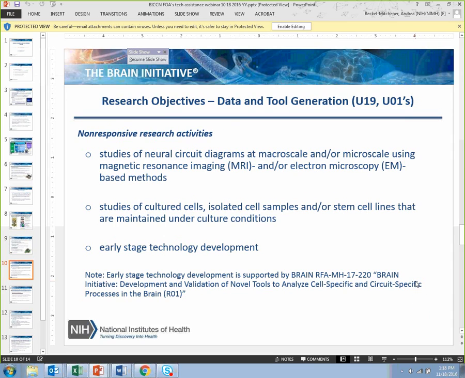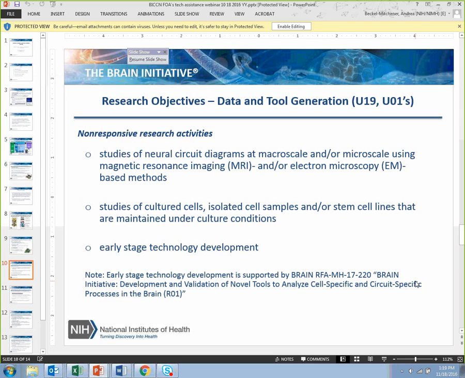The following research will not be supported by the U19 or U01 for the mouse brain. That includes studies of neural circuit diagrams at macro scale and or micro scale using magnetic resonance imaging and or electron microscopy based methods. Or studies of cultured cells, isolated cell samples, and or stem cell lines that are maintained under culture conditions.